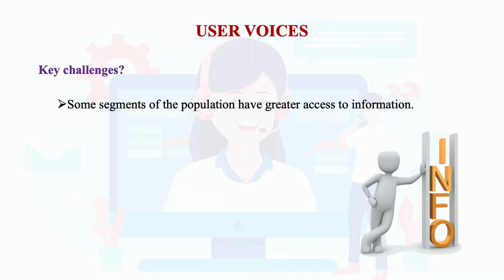Well, there are multiple factors for it. First, some segments of the population have greater access to information than others. And the ones who have greater access have more of a role to play in information exchange and even in determining what information will be shared.